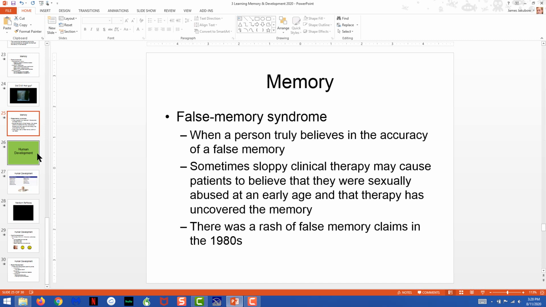These processes occurred, and the therapist kept hinting to the patient that they may have been molested or that they may have been part of a satanic ritual. And over time, the patient, who's already emotionally vulnerable because they are in therapy, starts to believe that they were sexually molested or part of a satanic ritual as a child.